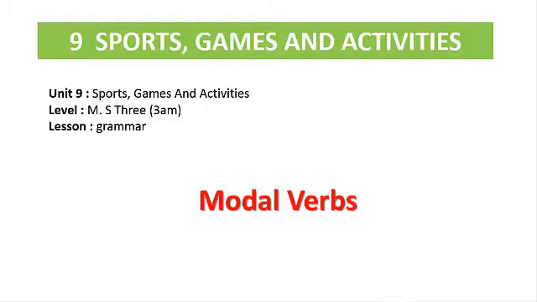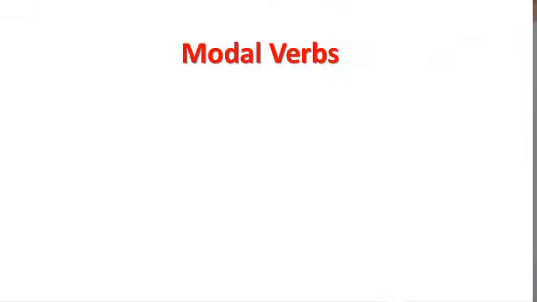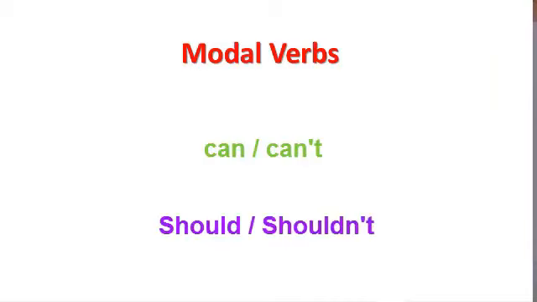What are modal verbs? I'm sure you know some of them. For example, can, can't, should, shouldn't. So what are modal verbs? They are called helping verbs and they are used with verbs to express something different.